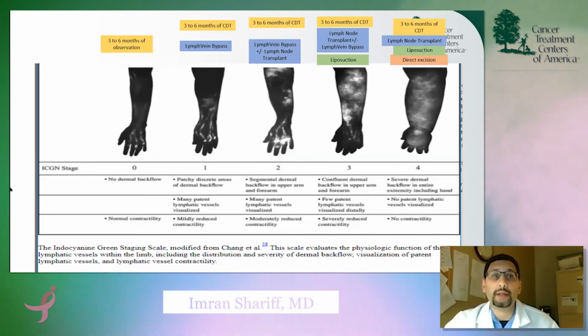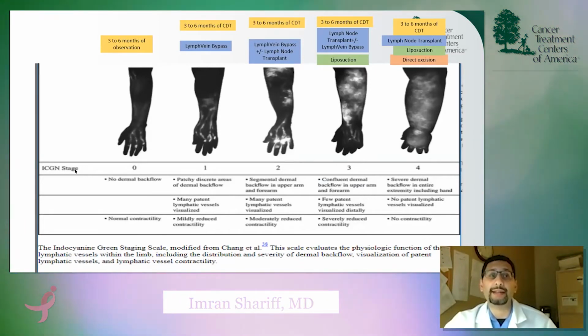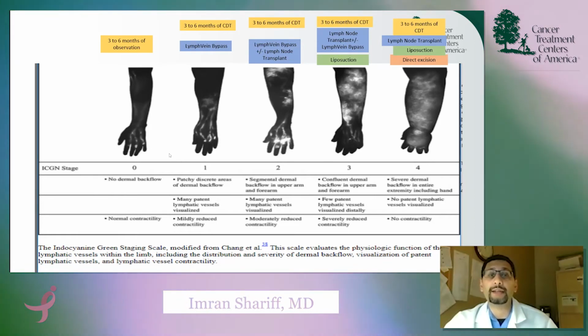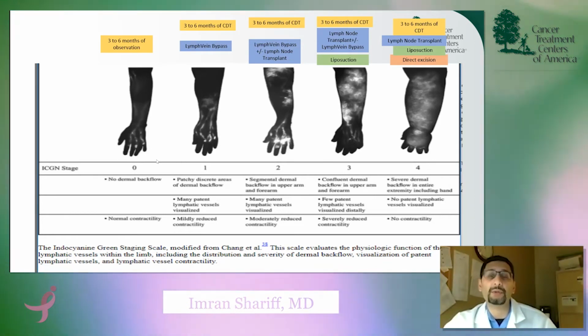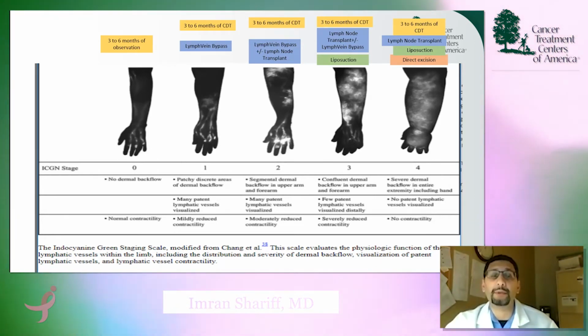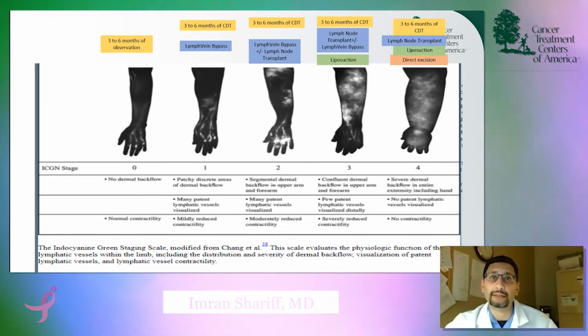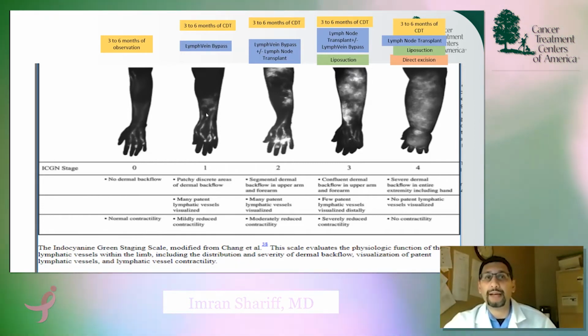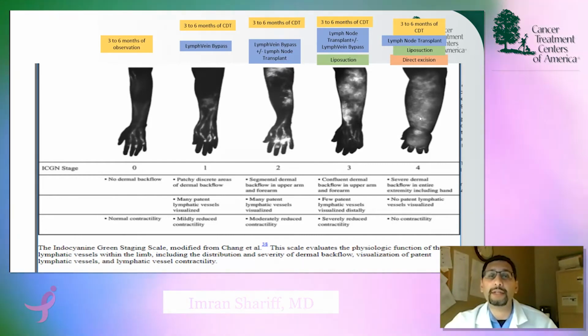Looking at our second set of staging, which is the ICG staging. Now, this is what we saw, where you're looking not only now at the clinical physical aspect of a patient's lymphedema, but also the physiological aspect. I think it's very important to look at this, even though I'm not a radiologist, but the degree of the physiology and pathophysiology involved in lymphedema.